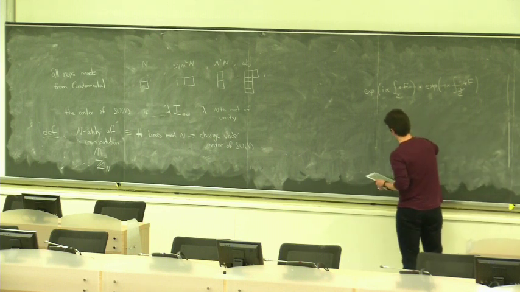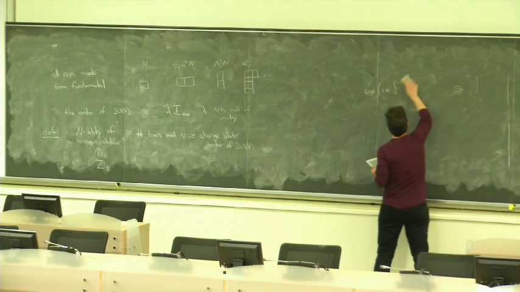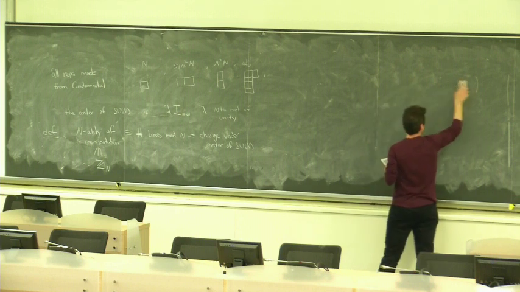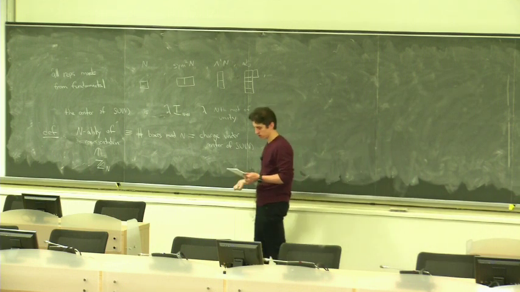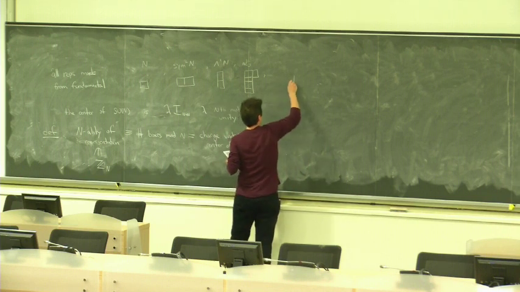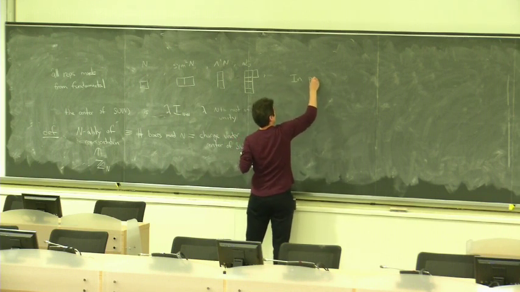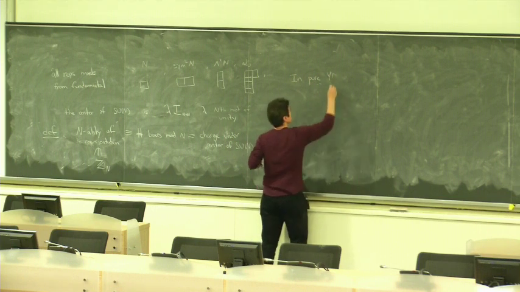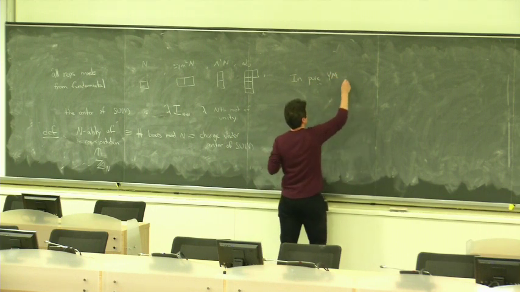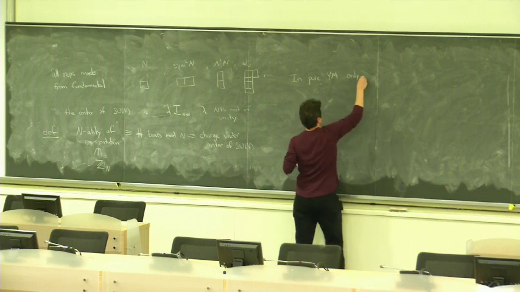Okay, so now comes a crucial moment. So far I've just been telling you about representations of groups. So let's go back to our discussion of screening. So in pure Yang-Mills, which is what we're discussing right now, there is only adjoint matter.